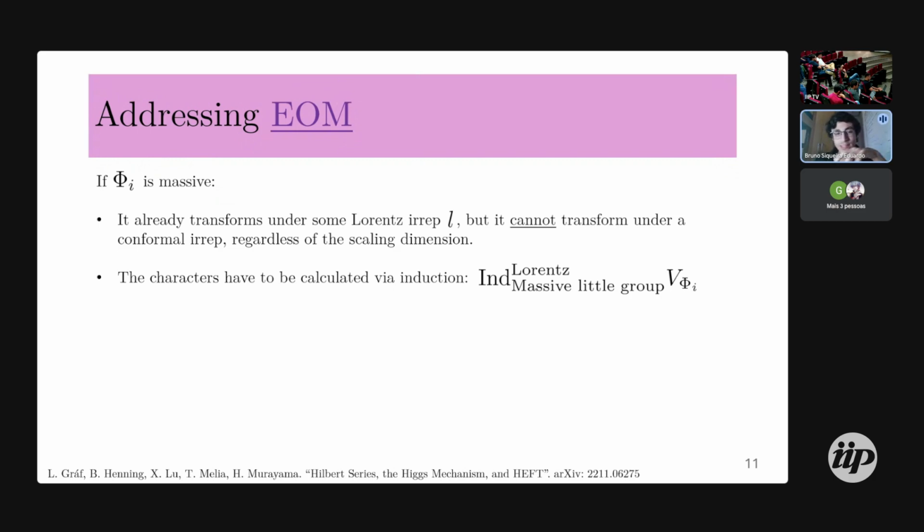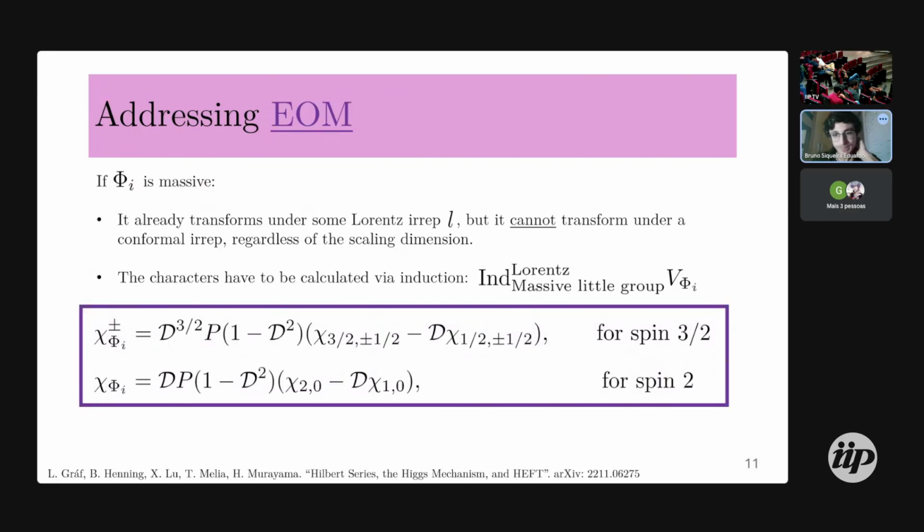And this is very similar to what people from on-shell methods do. And once you induce those characters, you can write them explicitly and then use them in the plethystic exponential. So we could find the expression for the characters, both for the Rarita-Schwinger field, which is a massive spin 3/2 field, and for a massive spin 2.